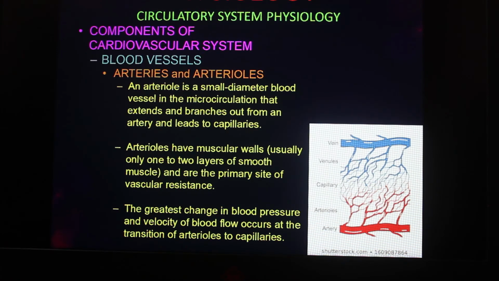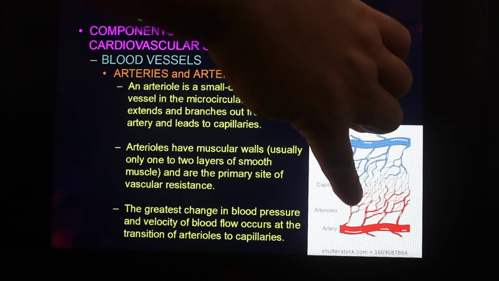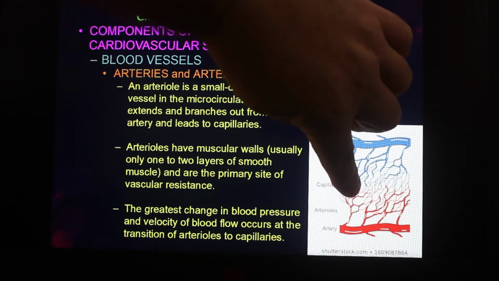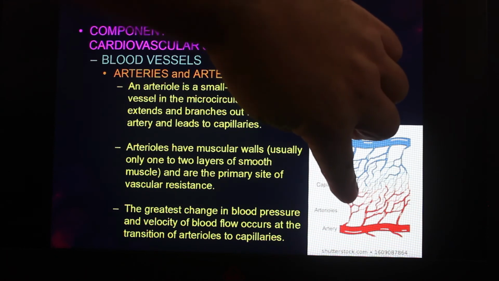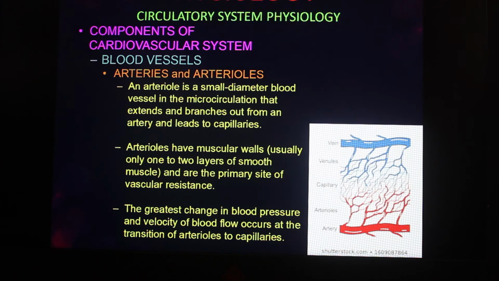The greatest change in blood pressure and velocity of blood flow occurs at the transition of arterioles to the capillaries. So this area where arterioles turn into capillaries, the maximum blood pressure drop happens around here.